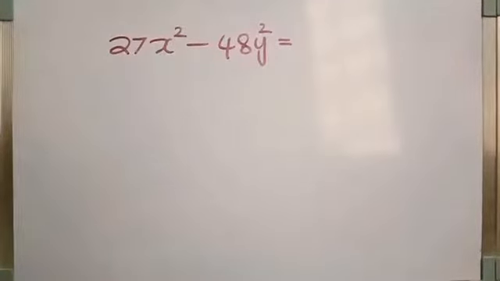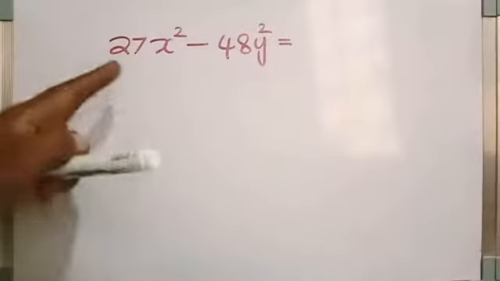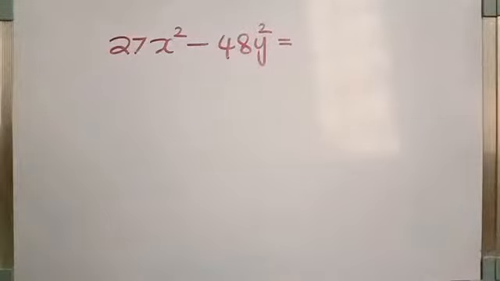27x squared minus 48y squared. When you look at this question, the problem is that the first term is 27x squared, but 27 is not the square of any of the numbers.